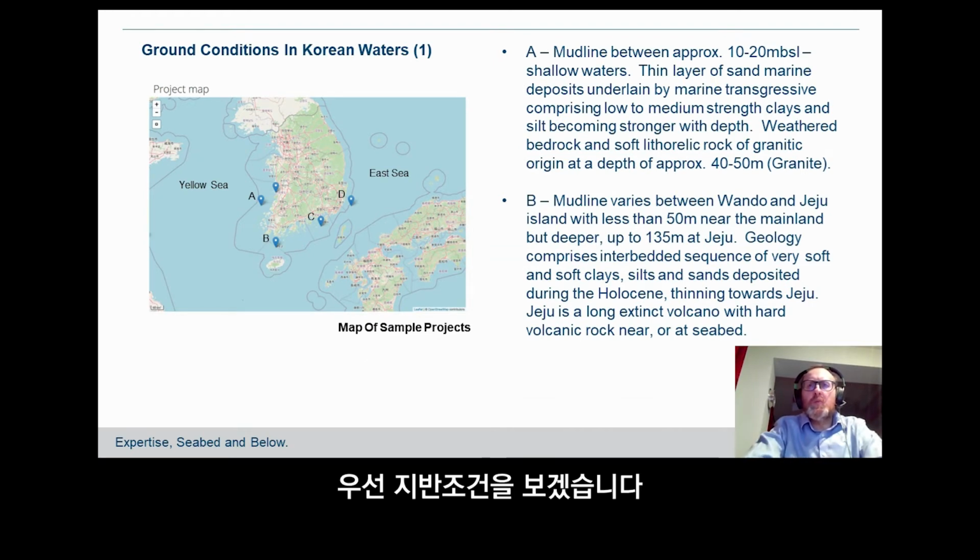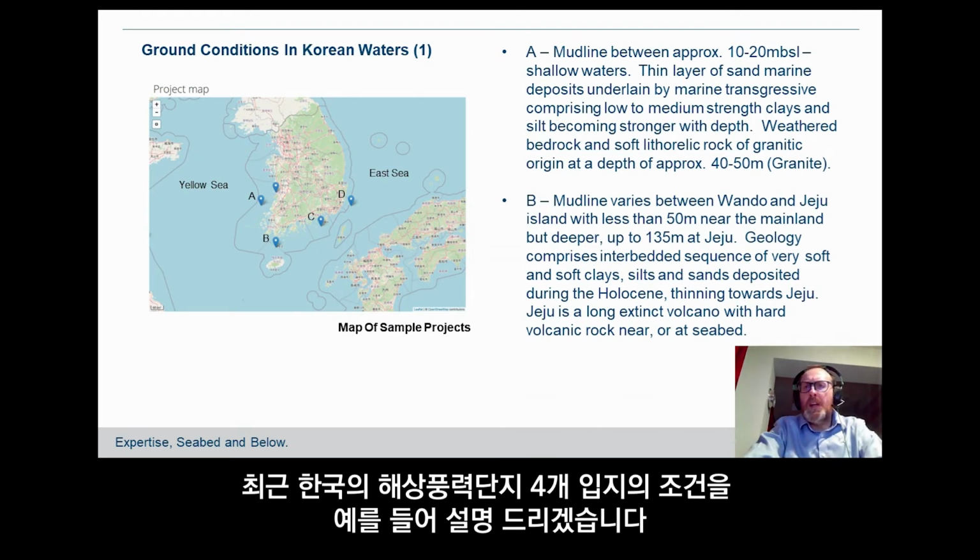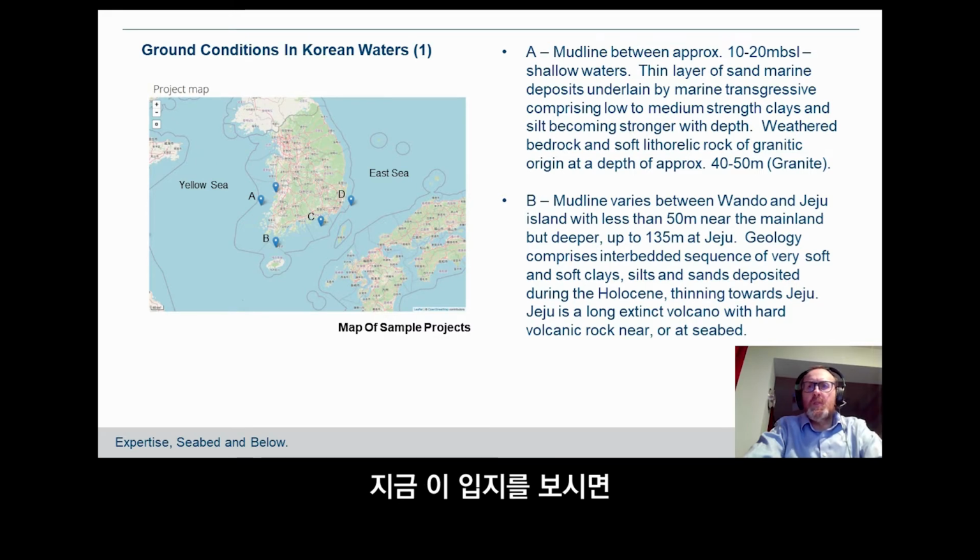Going on to talk about ground conditions, I'll illustrate that by just talking about the conditions we've encountered at 4 sites we've recently looked at on offshore Korea. Looking at site A, first of all, it's a site that's to the west of Korea in the Yellow Sea.